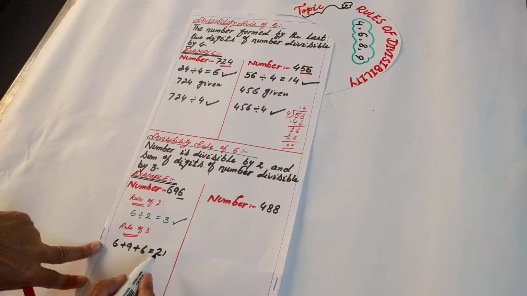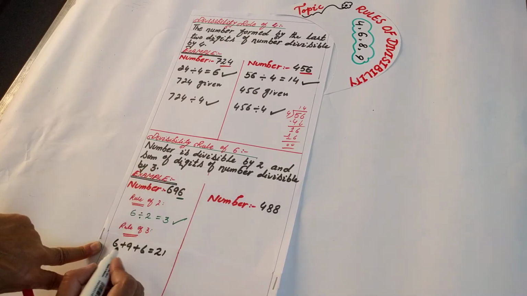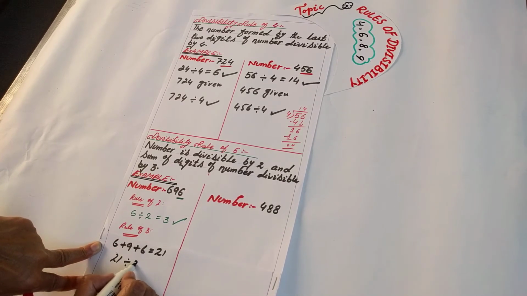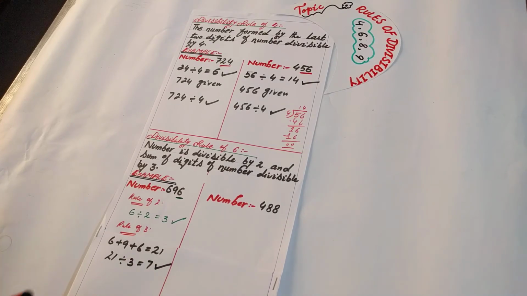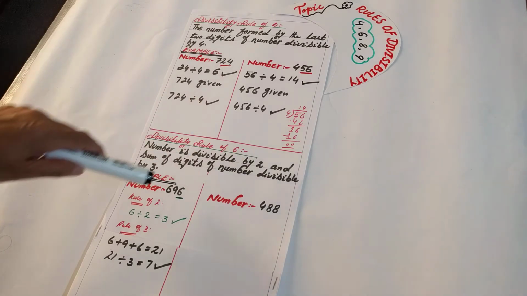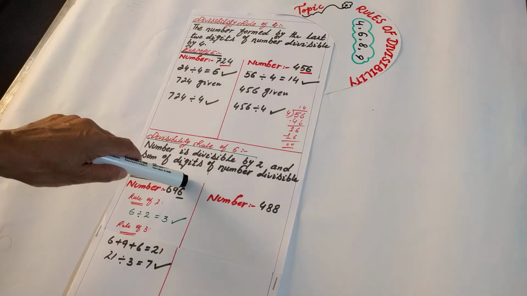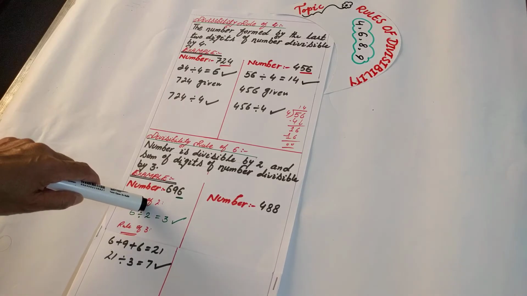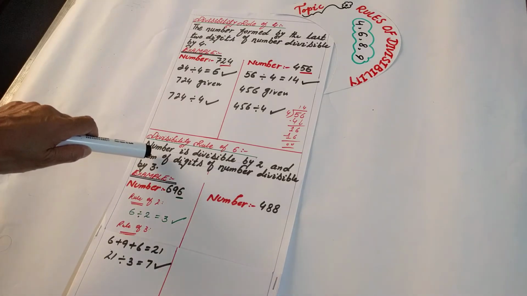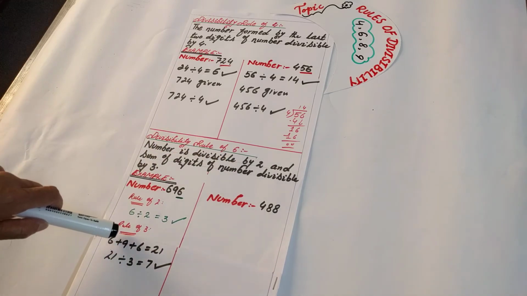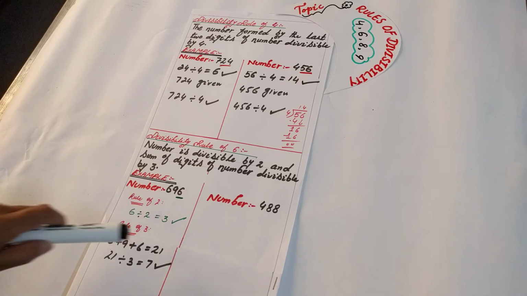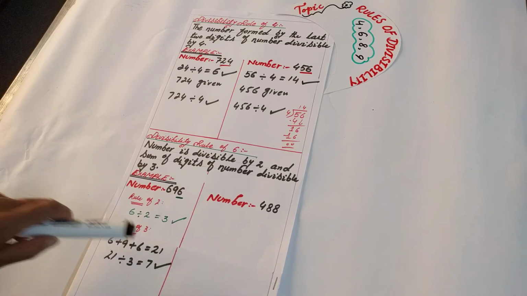Now we have to check whether this sum is divisible by 3. 21 is divisible by 3. Yes, 3 sevens are 21. It means both conditions are satisfied. The first condition, the divisibility rule of 2, is satisfied because the unit place digit was 6 and 6 is completely divisible by 2. The second condition, the sum of the digits of the number divisible by 3: 6 plus 9 plus 6 is equal to 21, and this sum 21 is completely divisible by 3.